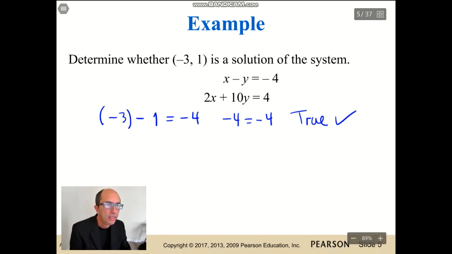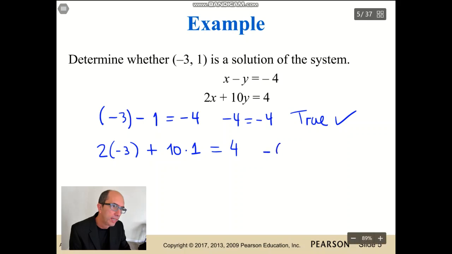Okay, now the next one. 2 times x, 2 times -3, plus 10 times y, 10 times 1, equals 4. 2 times -3, -6, plus 10, equals 4. -6 plus 10, 4, equals 4, true.